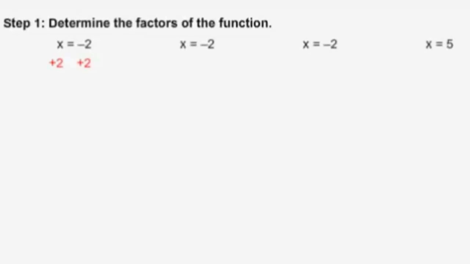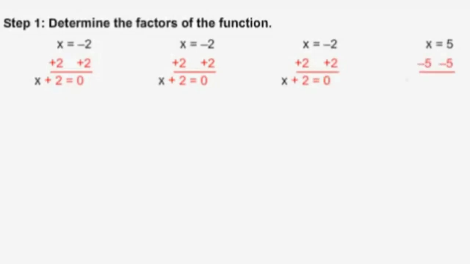Rearrange the equation so both terms are on the same side of the equal sign. The factors of the function are represented by each of the expressions involving x, and can be written as x plus 2 times x plus 2 times x plus 2 times x minus 5 equals 0.